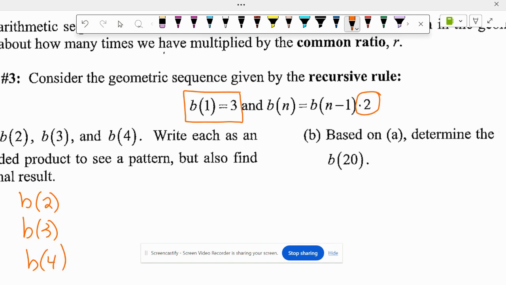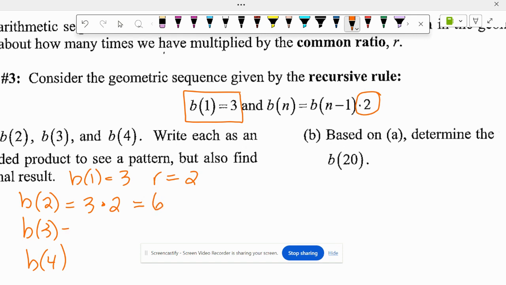And we're going to write it out as a product. Well, if the first term is 3, and my common ratio, it says, is 2. If I want to find the second term, I'm just taking 3 times 2, and that's going to give me what? 3 times 2 is 6.